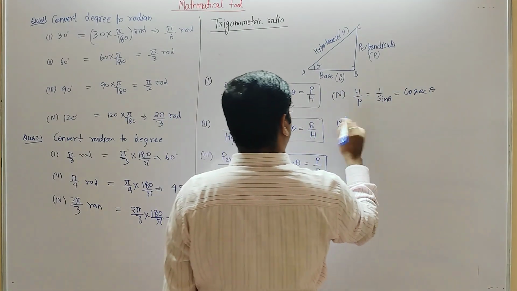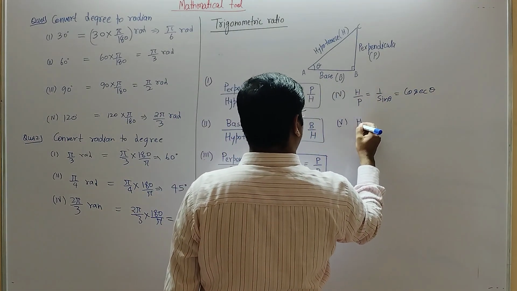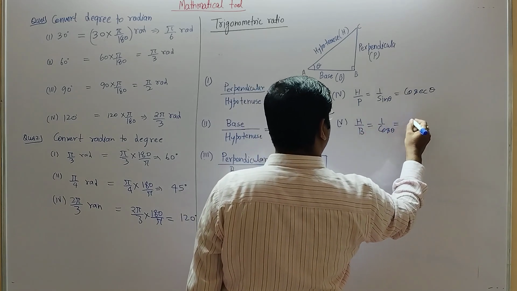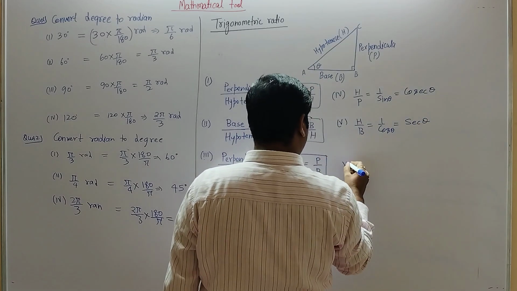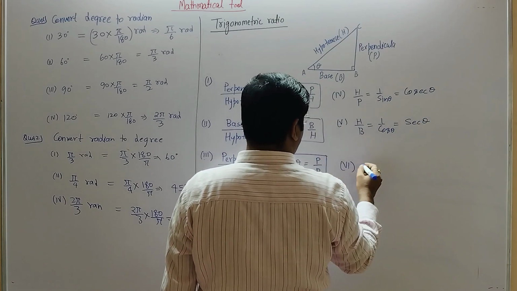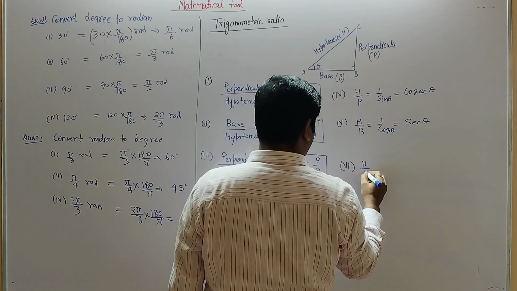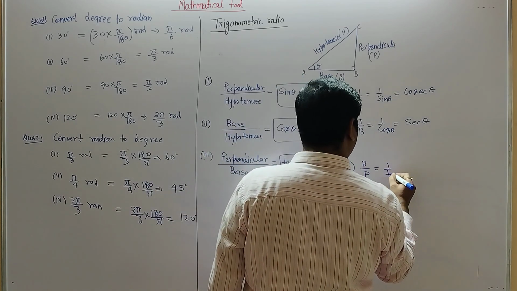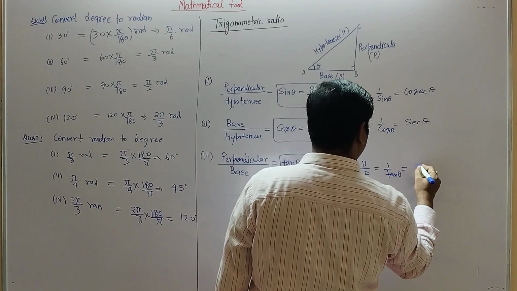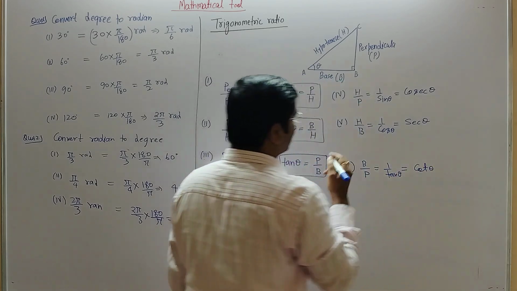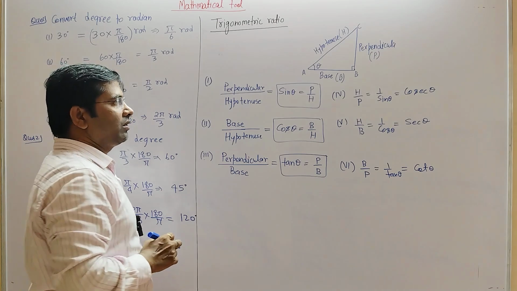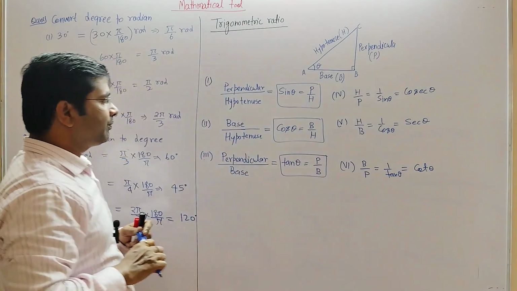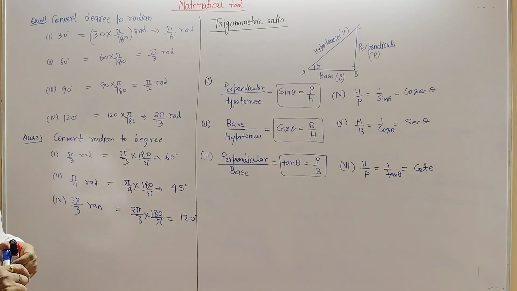Similarly, H upon B will be 1 upon cos theta, known as sec theta. And the last one, B upon P, base upon perpendicular, will be 1 upon tan theta, known as cot theta. Clear? So we are getting these six formulas. You remember these three are very important.